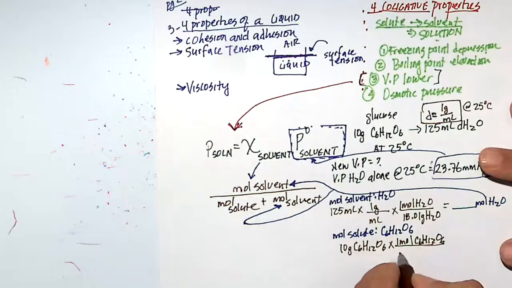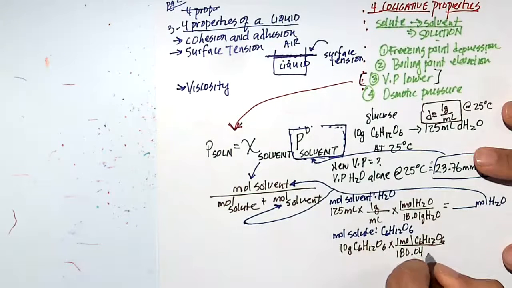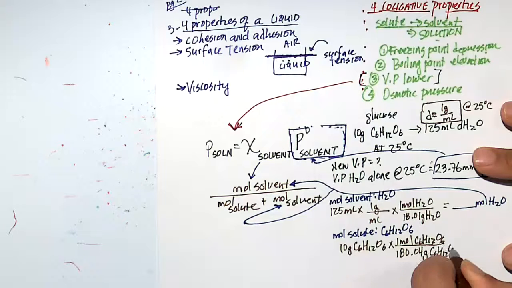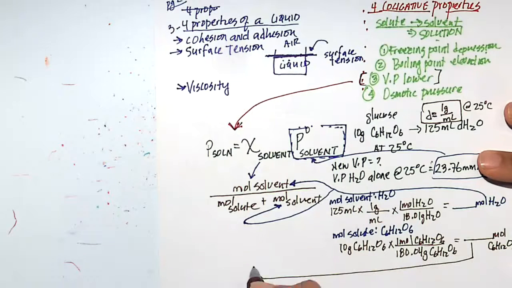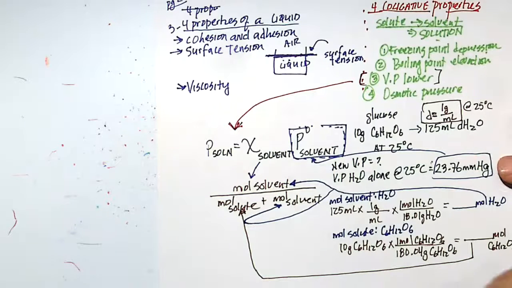Add them up, it's about 180.04 grams of glucose. So this will equal the moles of glucose. We can put that here, and this is how we'll solve this problem.